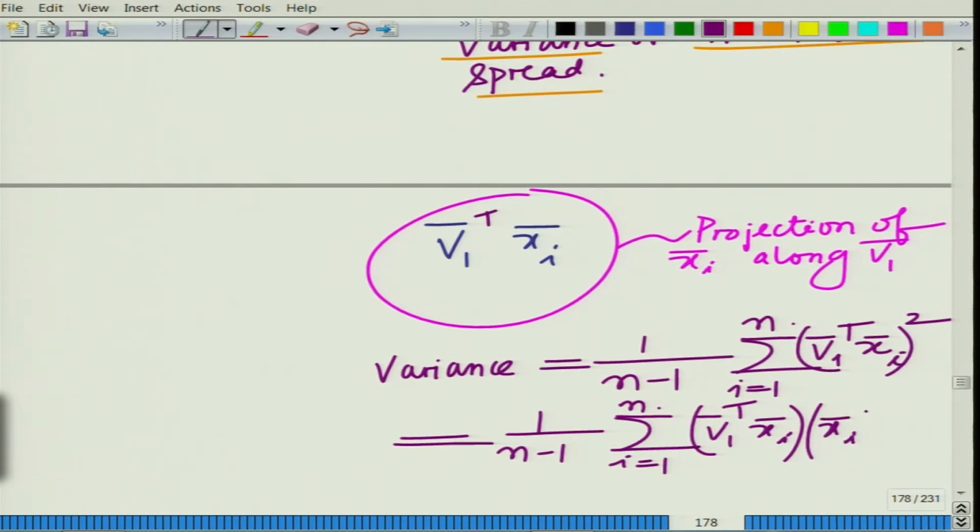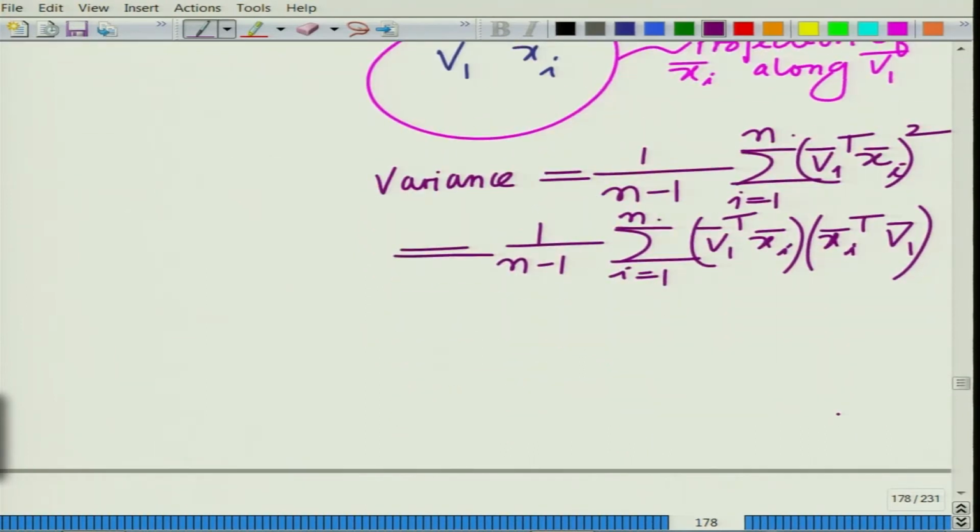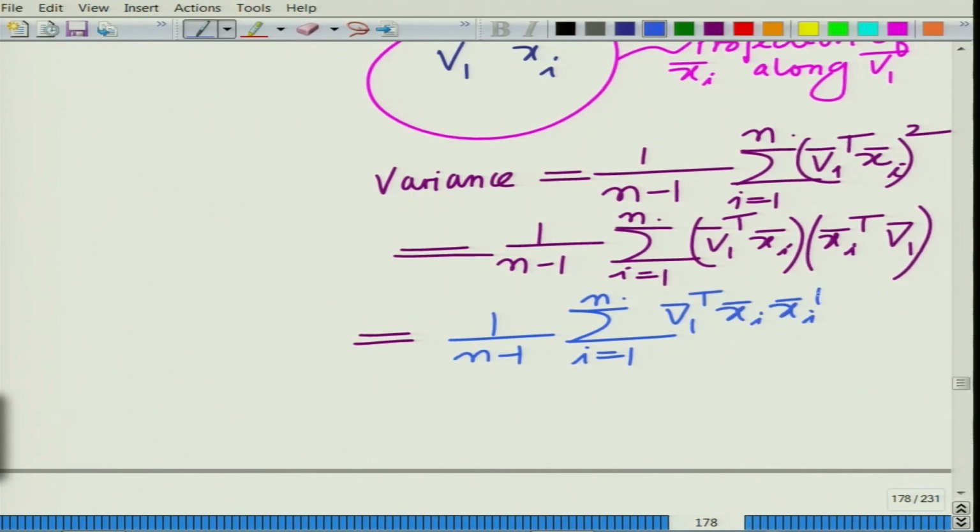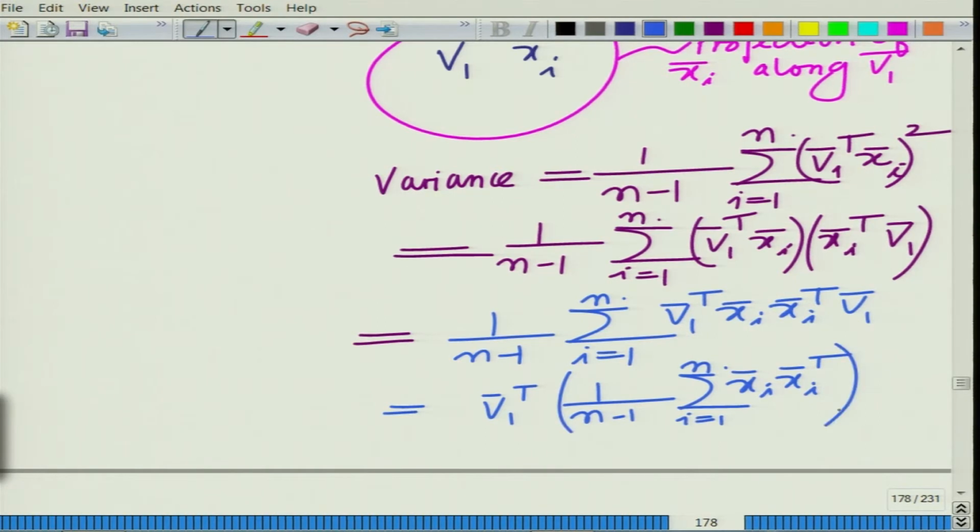This is a scalar quantity, so I can write this as xi bar transpose V1 bar, and now this is going to be 1 over n minus 1 summation i equal to 1 to n V1 bar transpose xi bar xi bar transpose V1 bar, which is, now take the V1 bar outside, V1 bar transpose 1 over n minus 1, you can take this inside, summation i equal to 1 to n xi bar xi bar transpose times V1 bar.